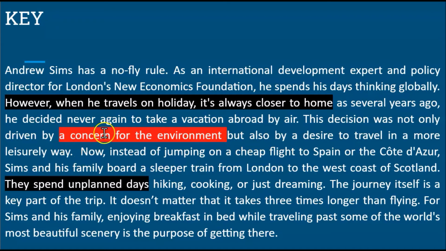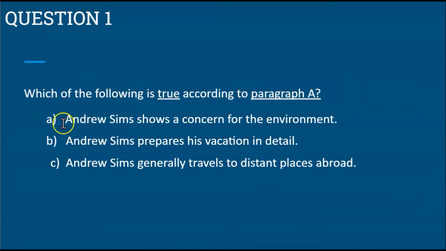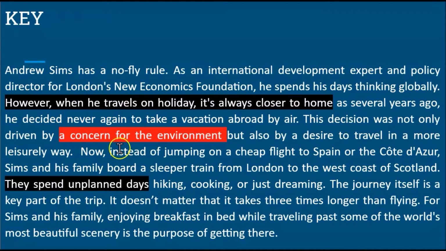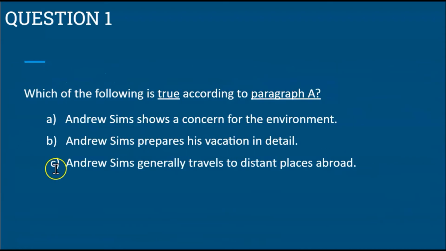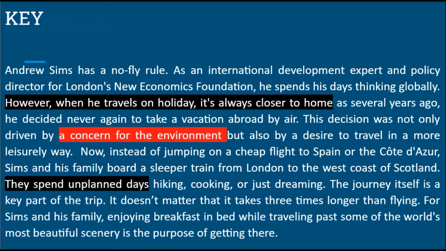So he had a concern for the environment. Revisiting our question, we see in choice A that Andrew Sims shows a concern for the environment. So this matches our sentence here. This is the answer for question 1. Choice A is correct.